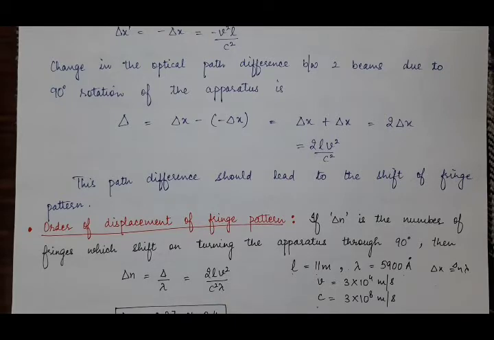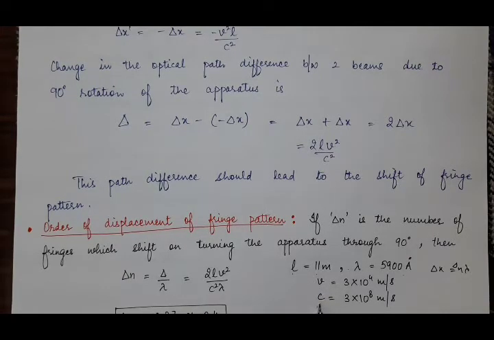Michelson and Morley used L equal to 11 meters, lambda equal to 5900 angstrom. We already know the orbital velocity v is equal to 3 into 10 raised to power 4 meter per second, that is the velocity of Earth with respect to ether. This is c.